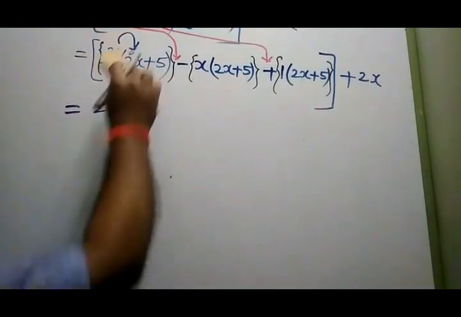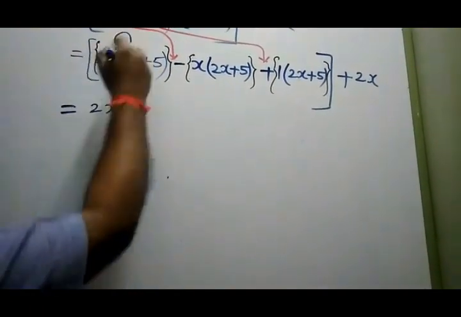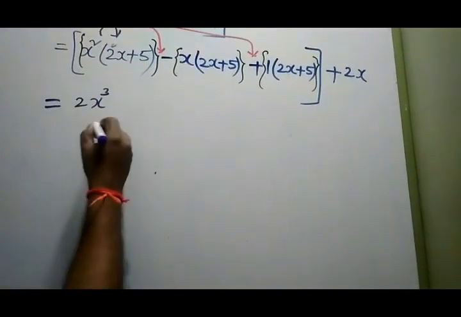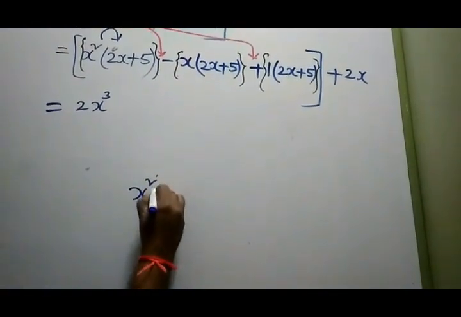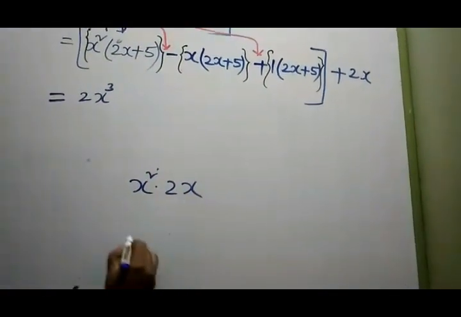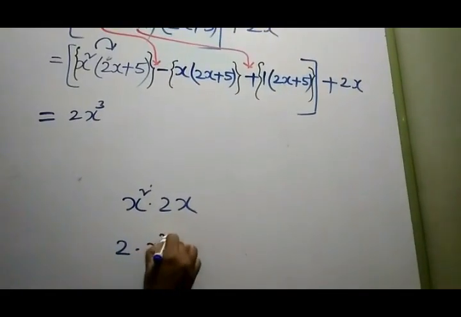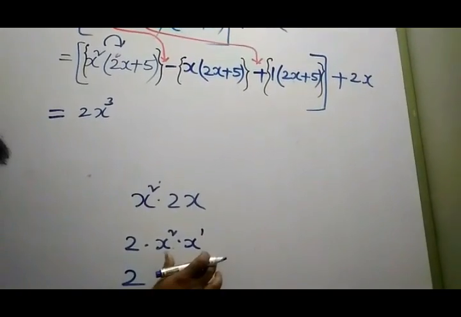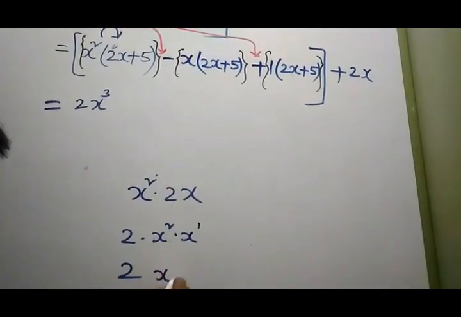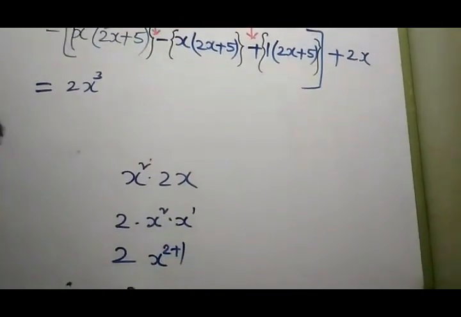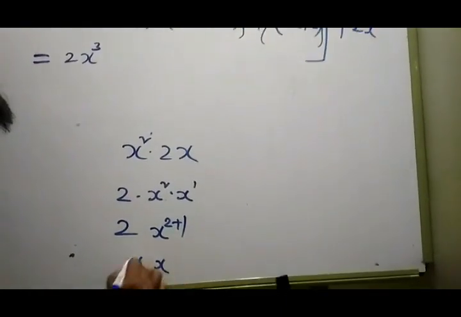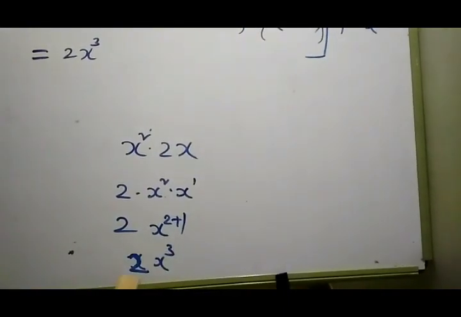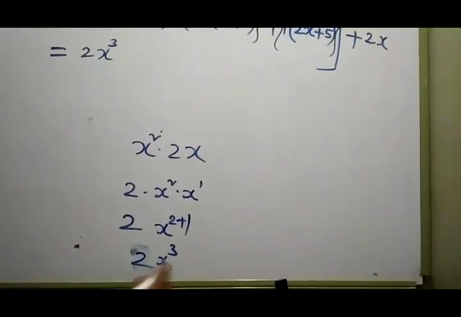That is 2 into x square into x, and e to the power of m into e to the power of n is e to the power of m plus n, so x to the power of 2 plus 1 is x cube, that is nothing but 2x cube.